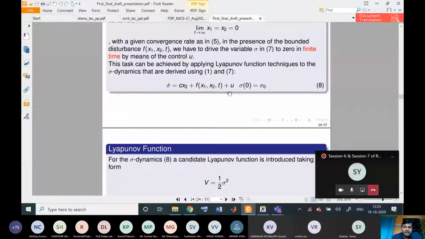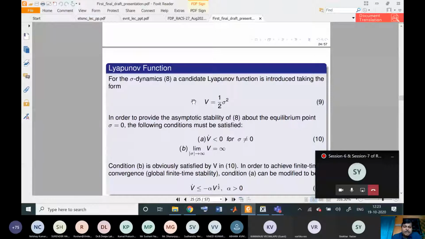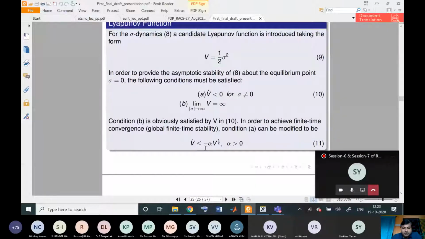Suppose we take a Lyapunov function V equal to half sigma square, and we are able to prove that the derivative of V with respect to time is less than or equal to minus alpha V to the power half. Then we can say that the system is globally finite time stable, because here we have to make sigma and sigma dot 0 in finite time.